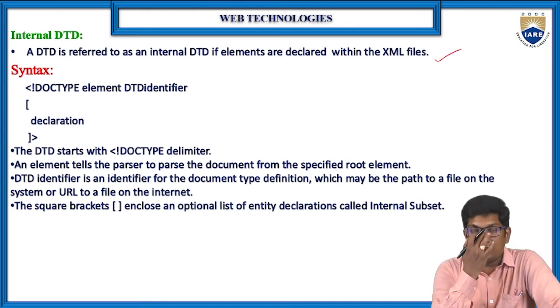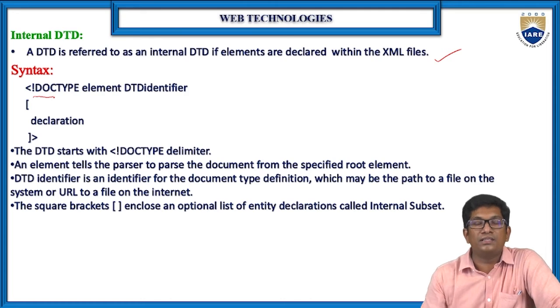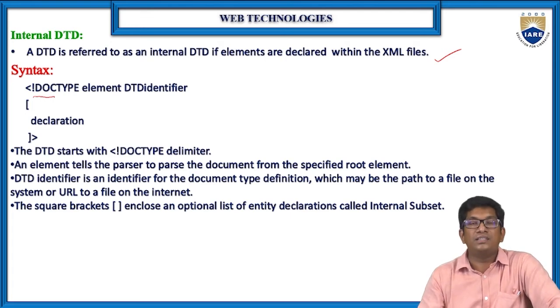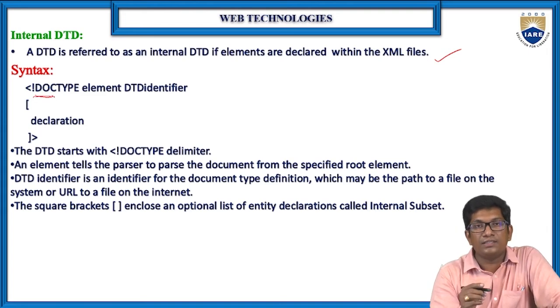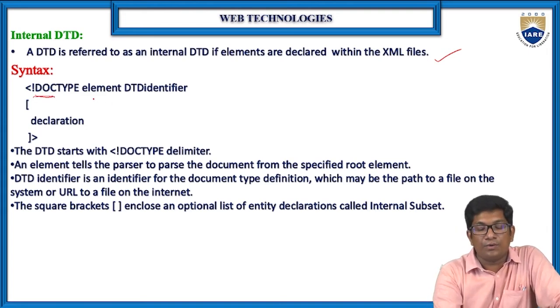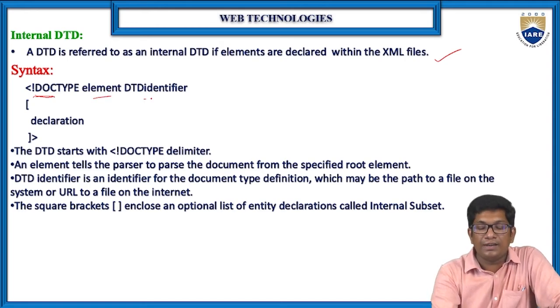The syntax for internal DTD is you start with the less than symbol, the exclamation symbol, and DOCTYPE in capital letters. That means we understand here we are writing a DTD. So the start is less than, exclamation, DOCTYPE, the root element name, and the DTD identifier.